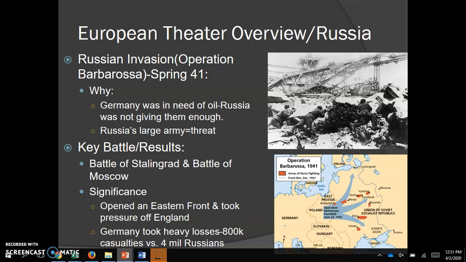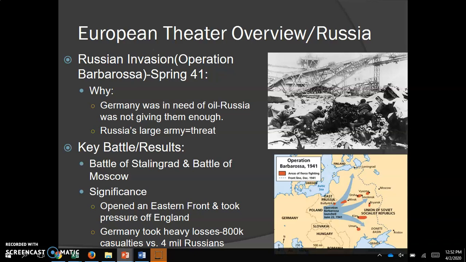One of the other reasons I didn't put down here, but it's worth mentioning, going back to the Holocaust, is that they were interested in invading Russia to get access to the large Jewish population. We know that was a relatively significant reason because even as this war is ending and the Germans are losing, they will speed up the process of the Holocaust. They won't divert soldiers from there to the front.